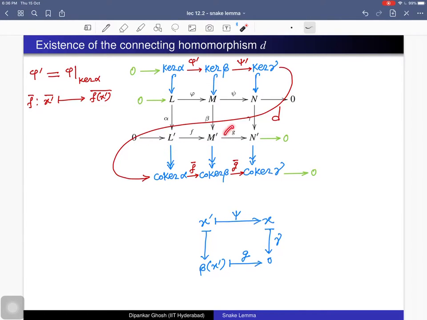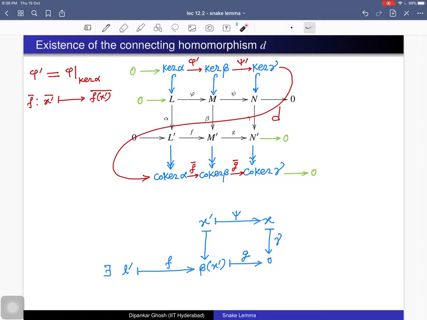Therefore, kernel G is the same as image of F, and since this element is there in kernel G, it should be there in the image of F. So there should be some element, let us say L prime, whose image under F is this one.